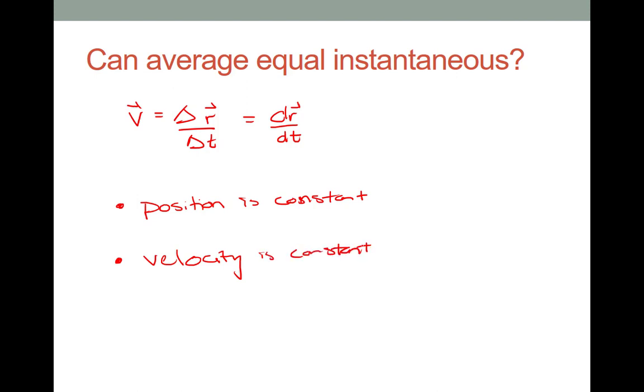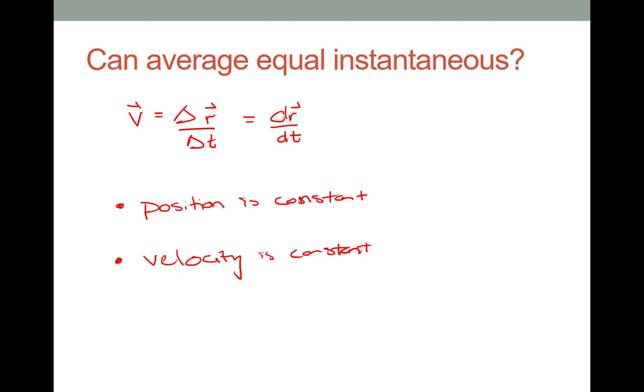If our velocity is constant over a given time period, then the slope for the entire time period will equal the slope for the instantaneous at every instant. So yes, your average can equal your instantaneous.